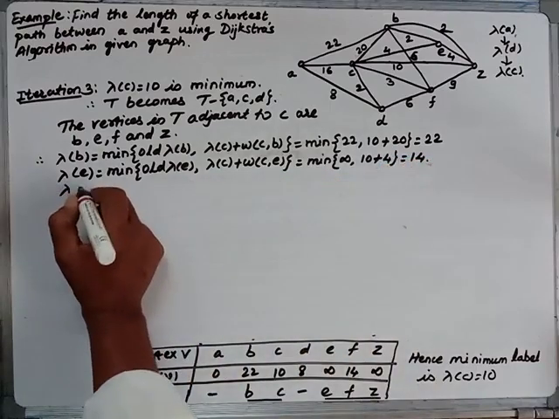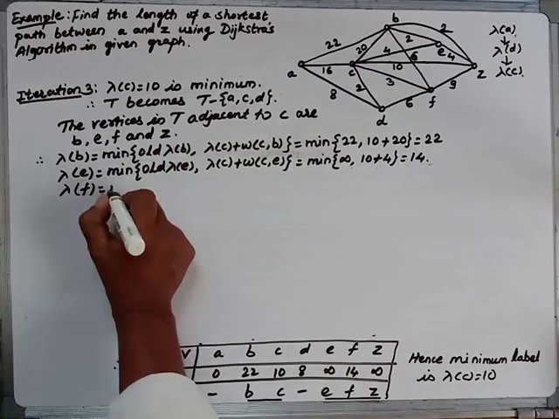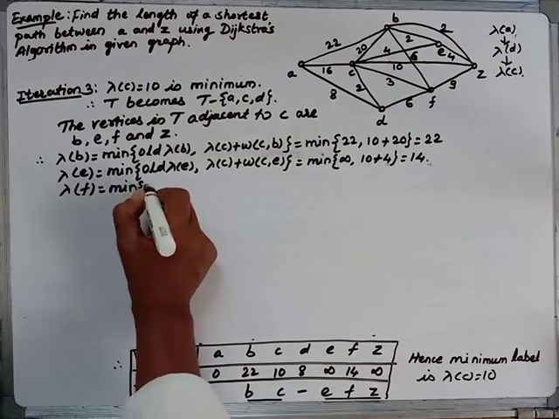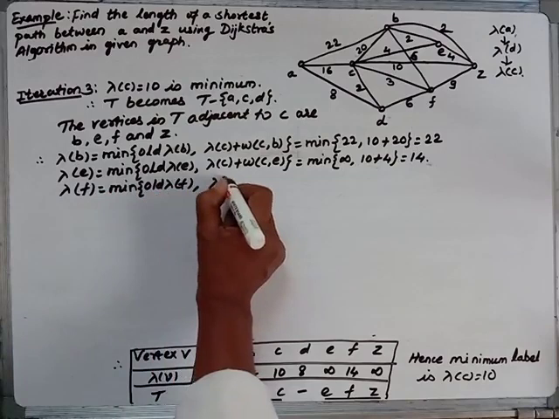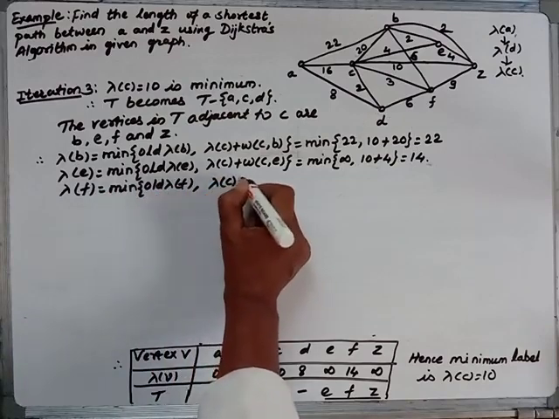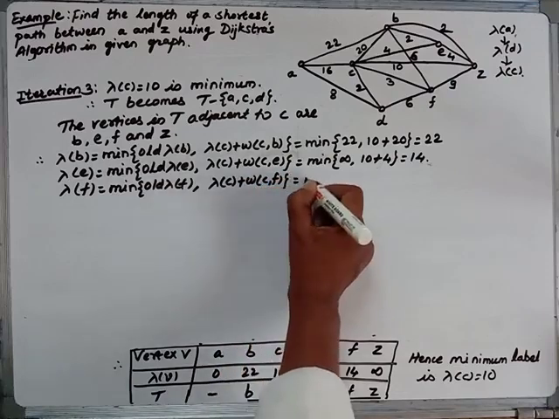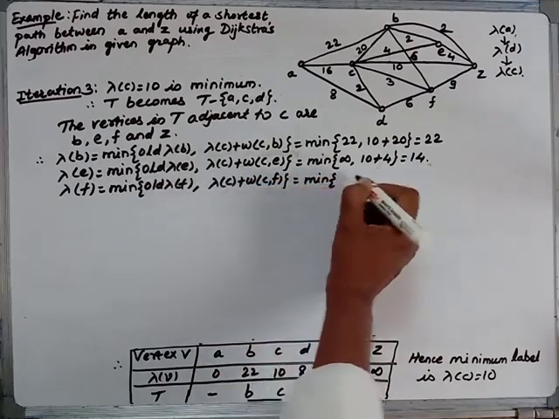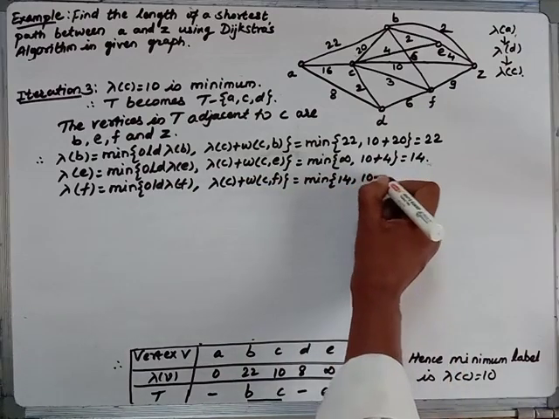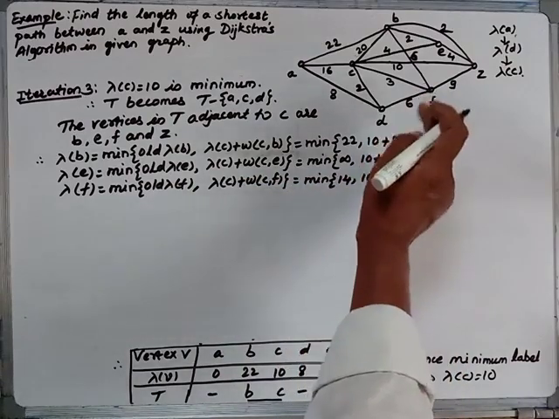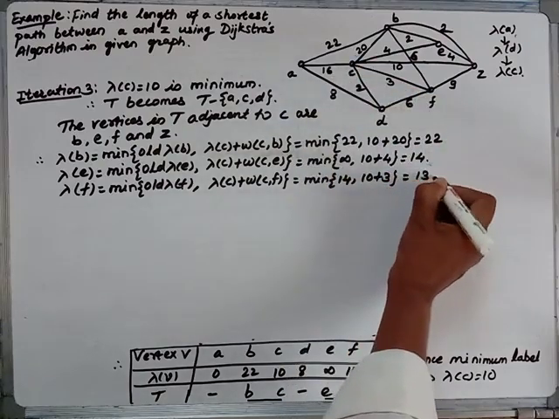Then lambda of F. It will be the minimum of old lambda of F and lambda of C plus weight of the edge from C to F. Old lambda of F is 14 and lambda of C is 10 plus weight of the edge from C to F, which is 3. So it is 13. Okay.